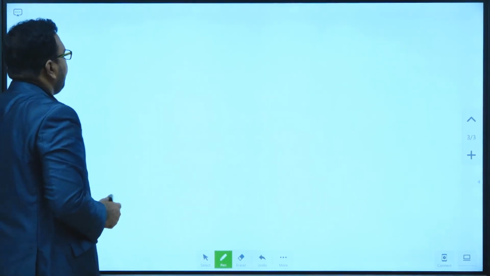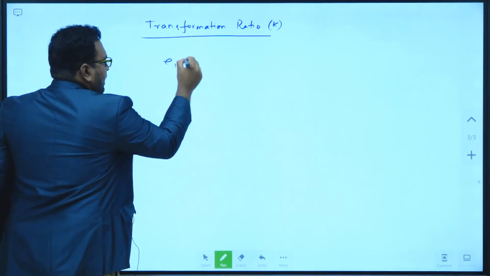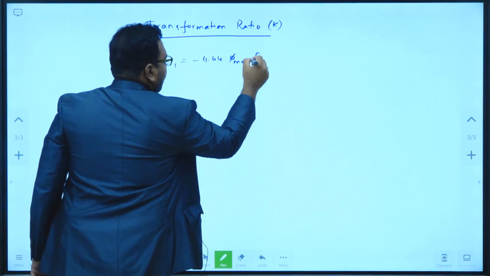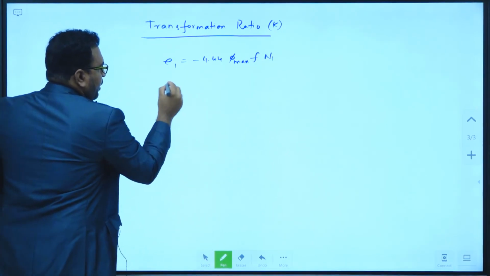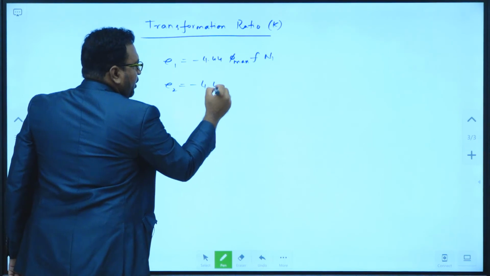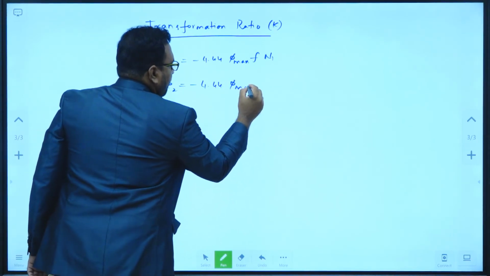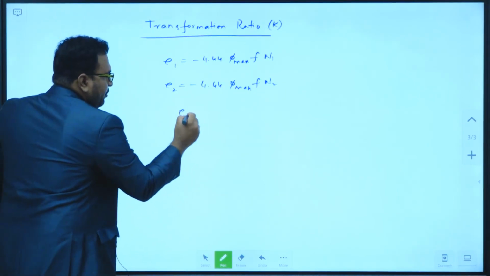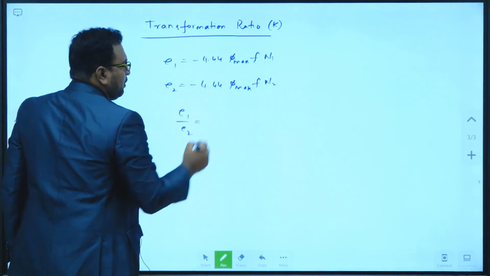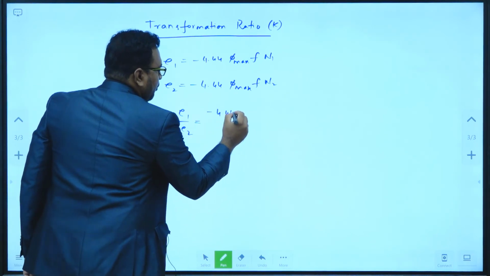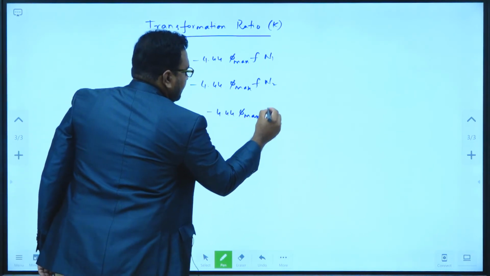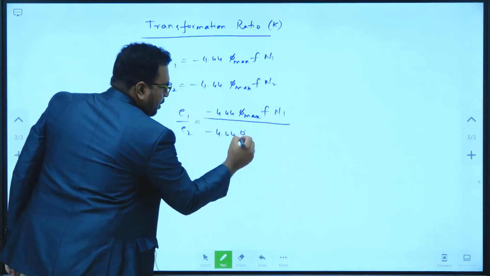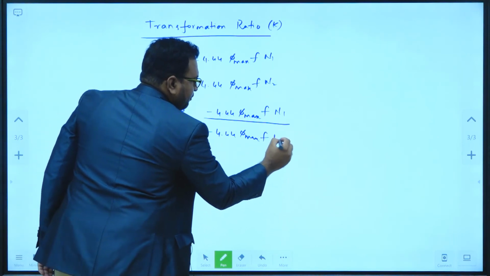Next, transformation ratio. We just derived E1 as minus 4.44 Φmax f N1, and E2 as minus 4.44 Φmax f N2. Now what is E1 by E2? E1 by E2 is minus 4.44 Φmax f N1 divided by minus 4.44 Φmax f N2.